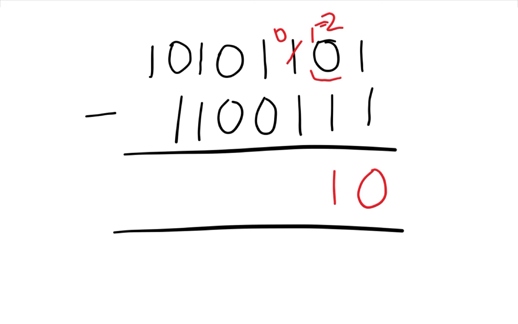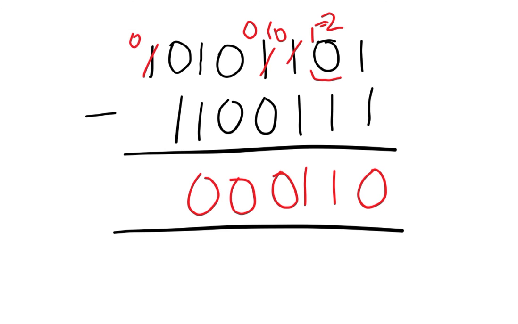Again, we have 0 minus 1, which is not possible, so we take the number from the next column and make that 1. Now 1 0 is equal to 2, so 2 minus 1 is 1. Now 0 minus 0 is 0, and 0 minus 0 is 0. 1 minus 1 is 0. 0 minus 1 is not possible, so we take the number from the next column.